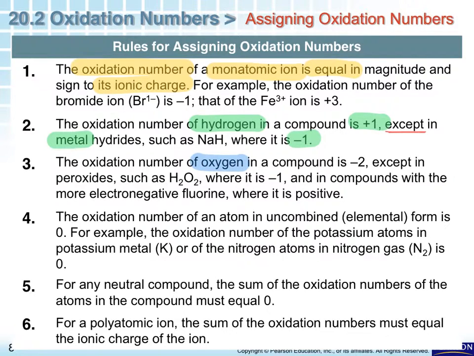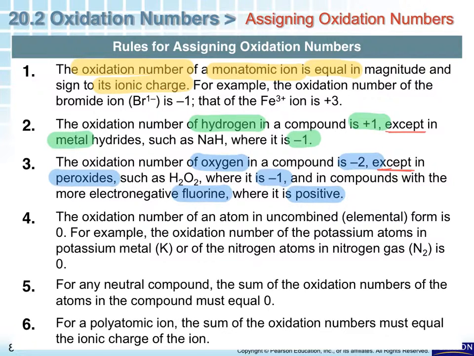Oxygen is -2. Almost always. There are 2 exceptions. The exceptions for oxygen are in a peroxide, like H2O2, it's -1. And with fluorine, oxygen is a positive charge.